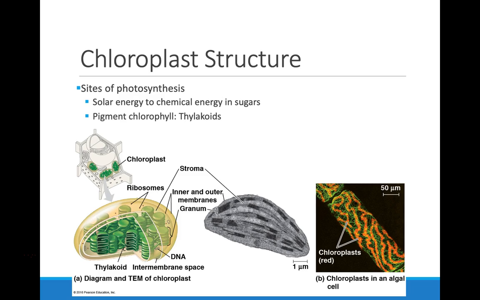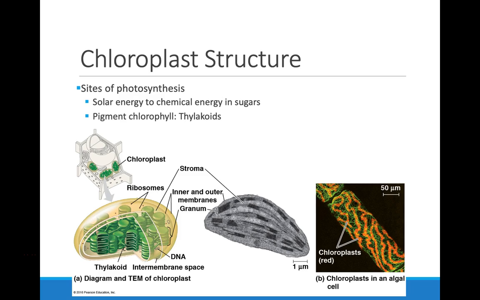Since we're on the structure of organelles, let's review chloroplast structure just really briefly. I'll do it again in chapter 8 when we actually get to photosynthesis. The chloroplast is the site of photosynthesis, and photosynthesis occurs in a structure of the chloroplast called the thylakoid.